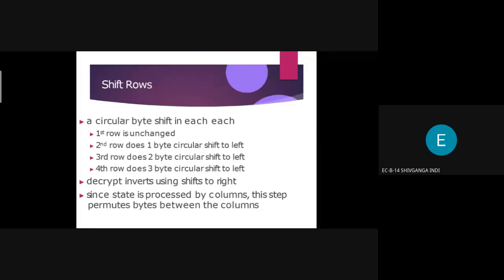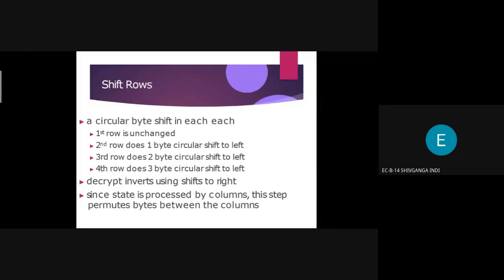The second stage is shift rows. In shift rows, we can perform encryption as well as decryption. To perform the encryption, we shift the various bytes to the left side, so we perform the circular left shift operation. How do we perform the circular left shift operation? For that we consider the four rows.